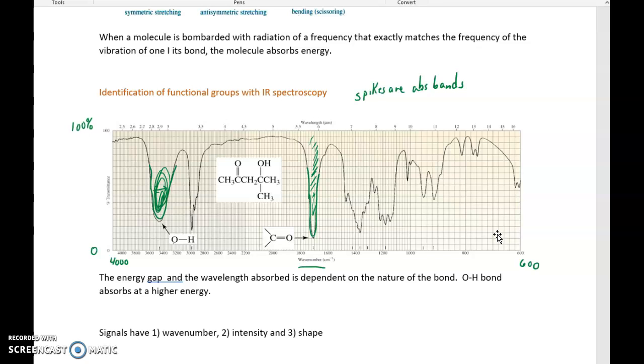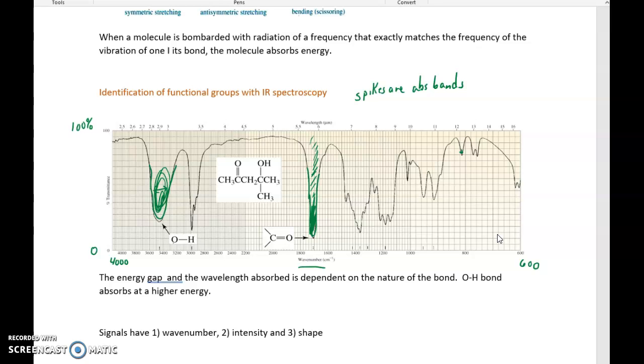Now these signals are going to have wave number, which just means where they are on this continuum from 600 to 4,000. They're going to have intensity. So as you can see, this ketone here has a high intensity. It absorbs almost, what are we at? About 10%. So it absorbs almost 90%. We can also have smaller intensities.